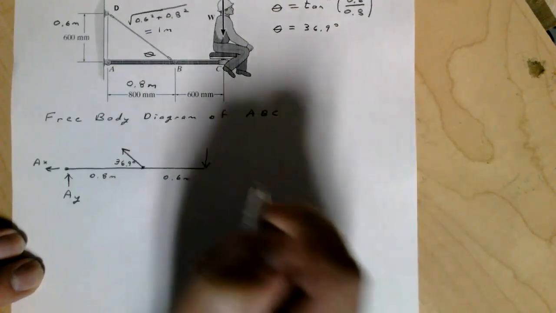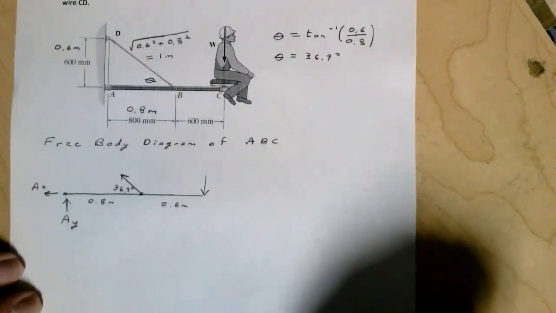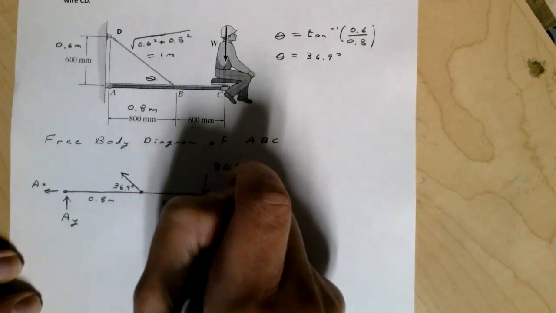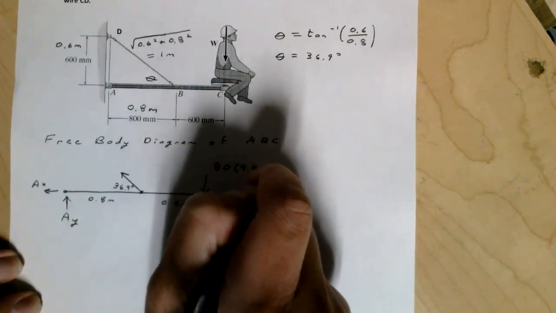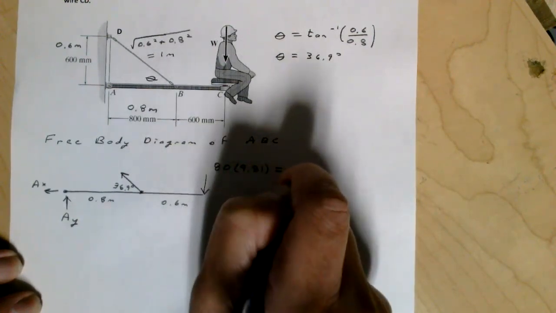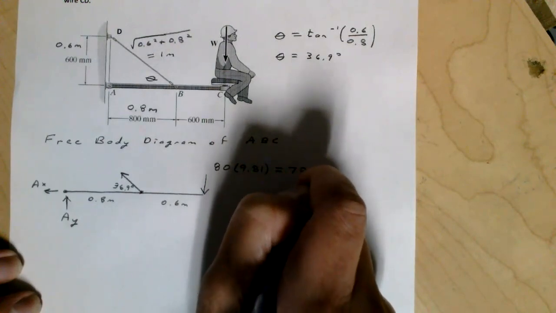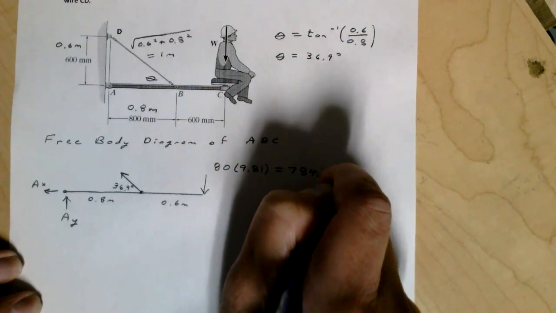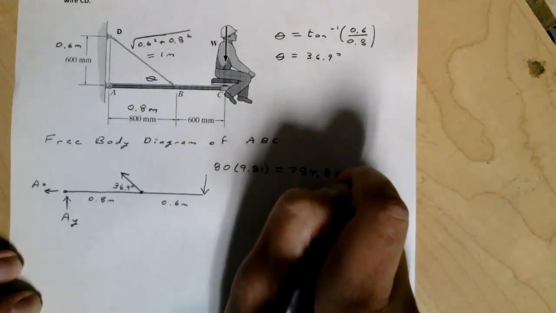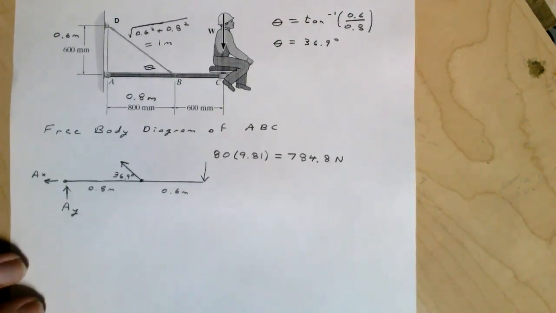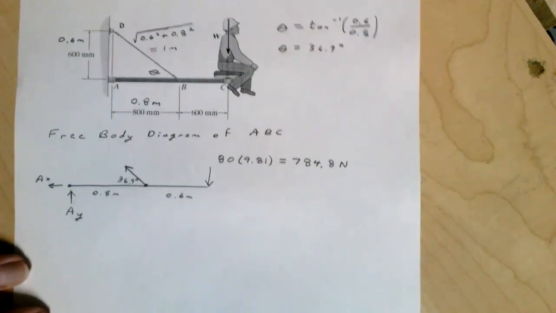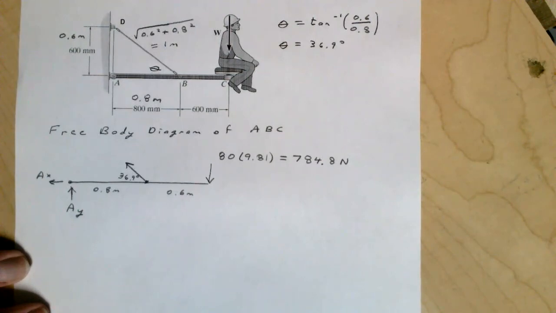We have this load here. The man weighs 80 kilograms, and we're going to change that to newtons, of course. That's our free body diagram.